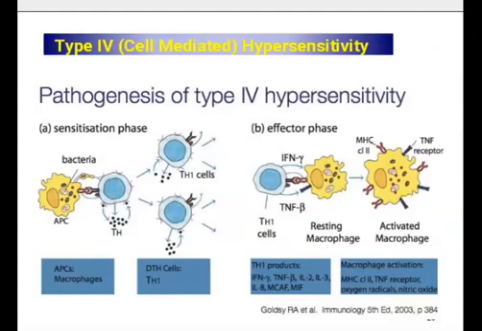This is the pathogenesis of type 4 hypersensitivity reactions. A common sign and symptom of these diseases is contact dermatitis. The Mantoux tuberculin test can be done to detect this type of reaction.